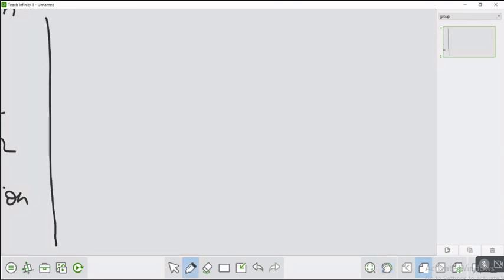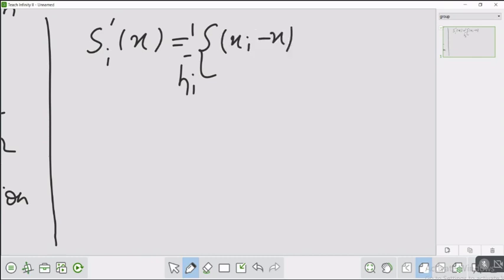What did we do? We have defined S'(x) to be equal to 1 over hi times (xi minus x) m(i minus 1) plus (x minus x(i minus 1)) times mi.